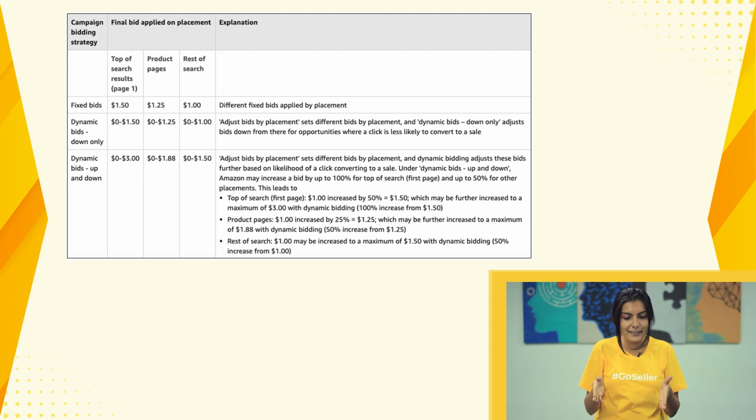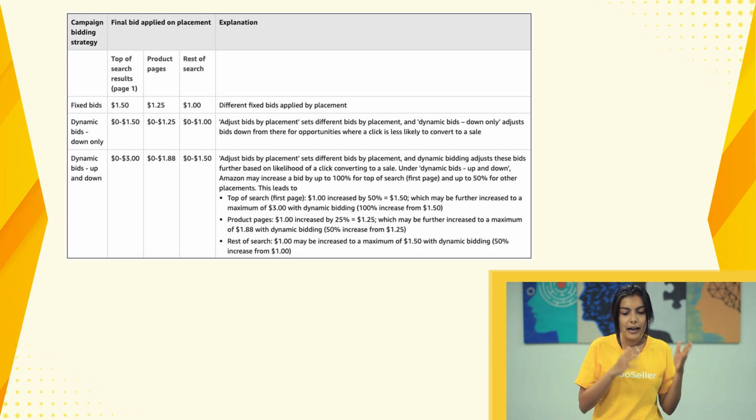So going by this table, if your bid for top of the search is $1.50, then fixed bids keep it as it is. Rest of the search is $1, product pages is $1.25, and top of the search is $1.50.